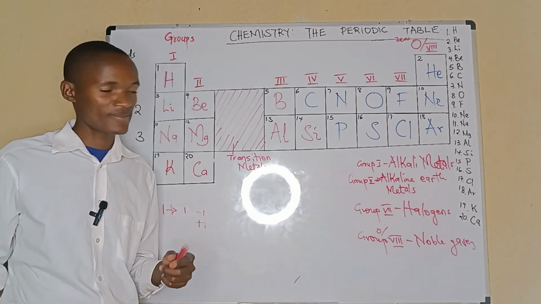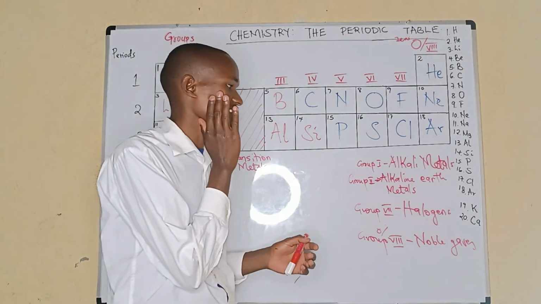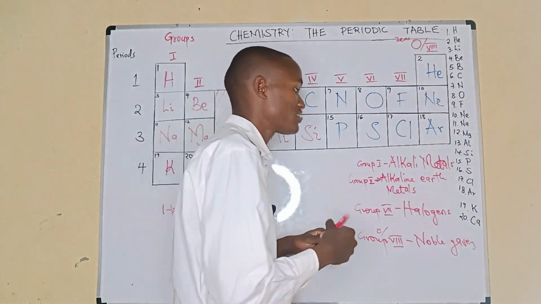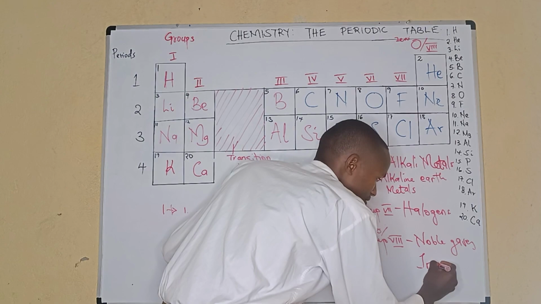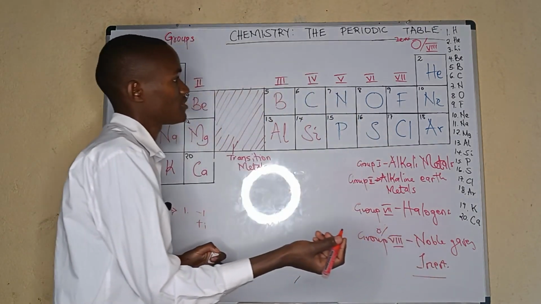They are called noble gases because they are inert. Inert means that they don't react with other elements because they are stable.